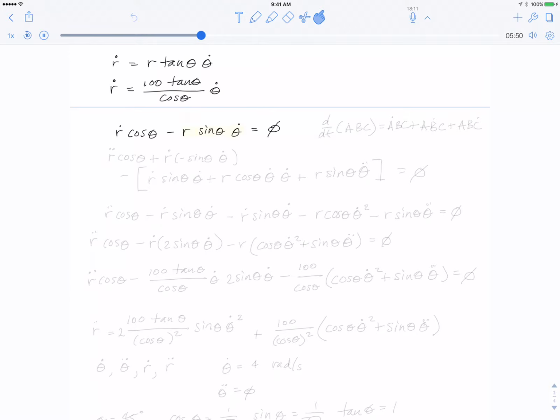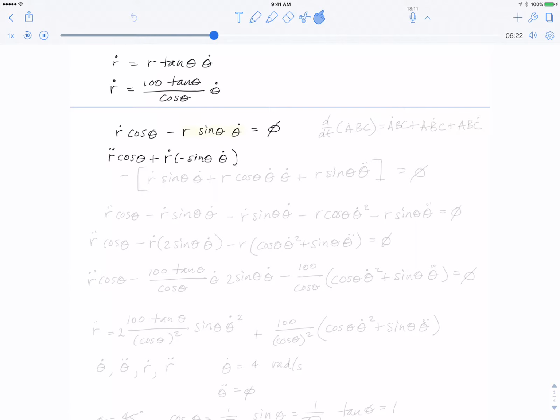The derivative of r dot cos theta is r double dot cos theta plus r dot times the derivative of cos theta, which is minus sine theta, and by the chain rule, you have to add a theta dot onto that. Okay? And now we're going to do the product rule for r sine theta theta dot next.